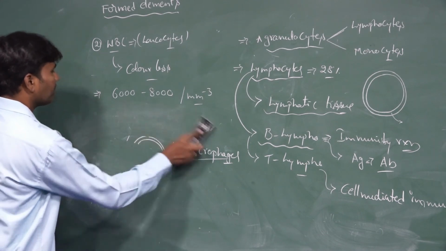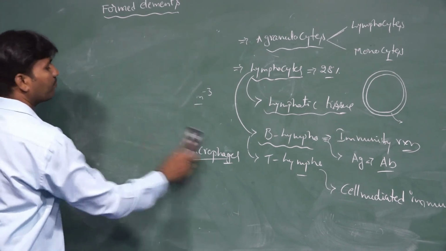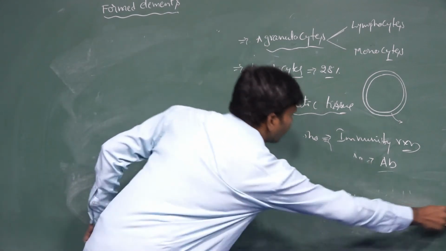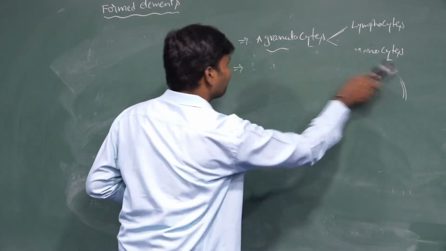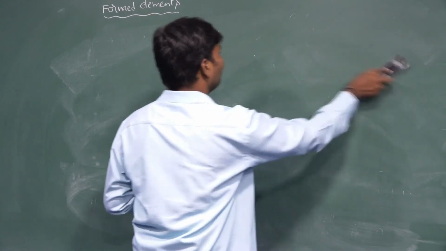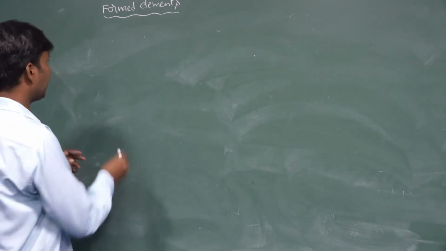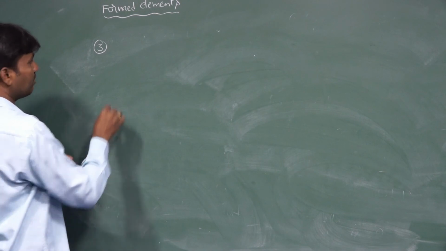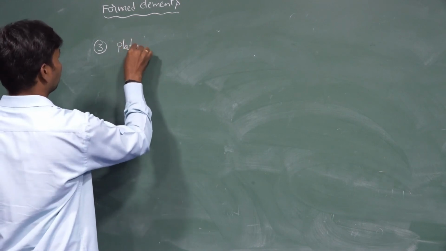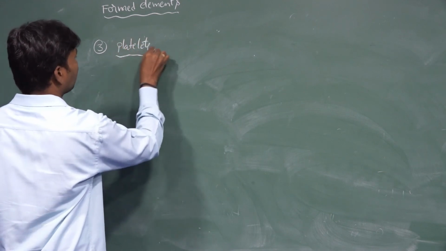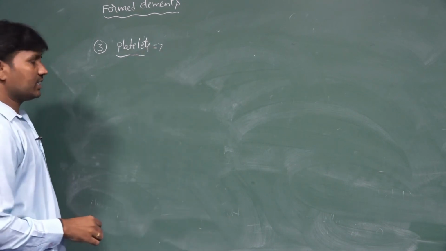Finally, among the elements of the blood, we have the platelets. The third type of element is the platelets, also called thrombocytes.